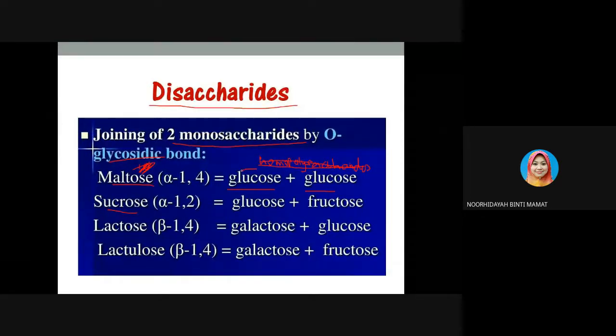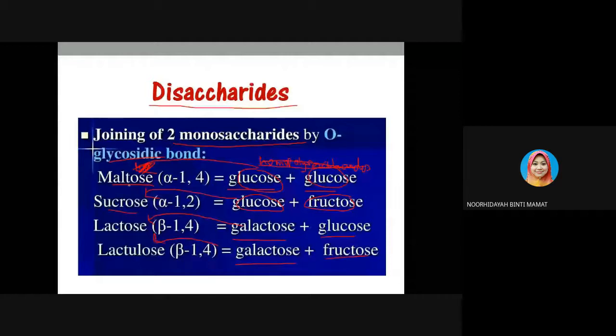If one glucose joins one glucose, they become maltose. If one glucose joins one fructose, they become sucrose. One galactose joining one glucose becomes lactose, and one galactose combined with one fructose becomes lactulose. These are examples of disaccharides, the joining of two monosaccharides.